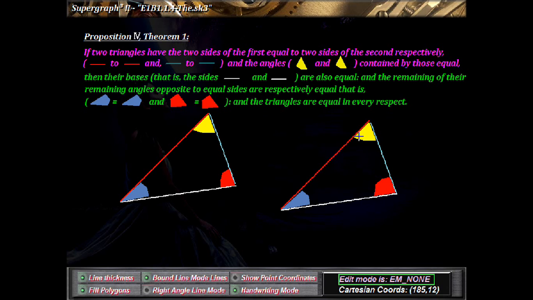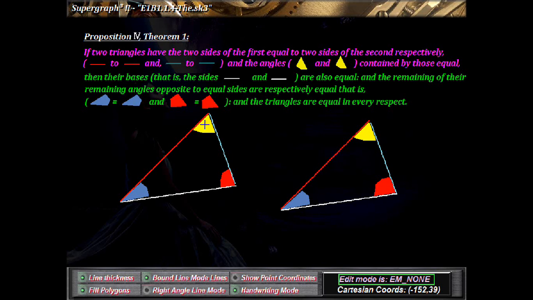However, since the angle here is equal, that means that the way these lines diverge from this vertex would be in the same direction if we lined it up properly, because they subtend the same angle.